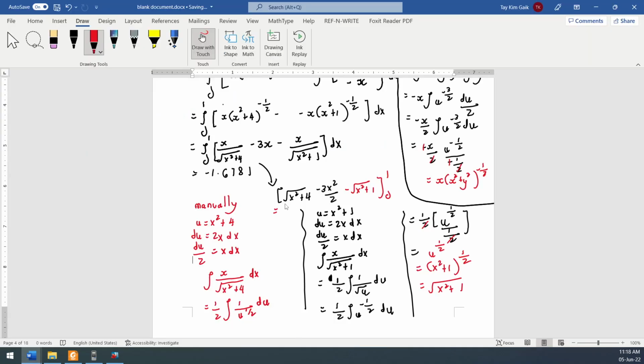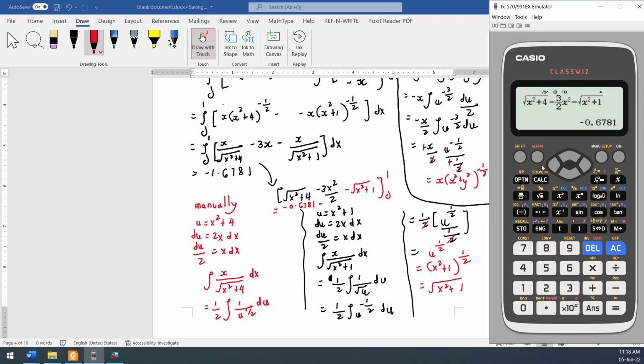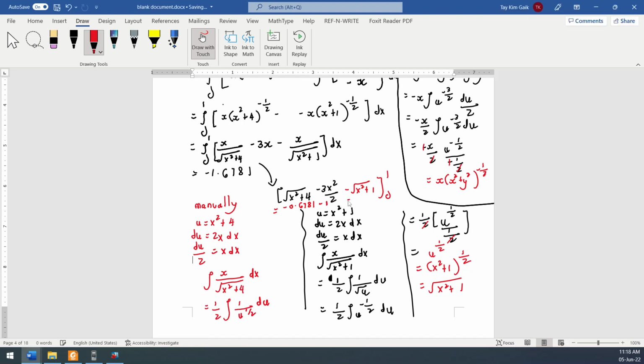And then you have to evaluate it when x equal to 0. So I calculate again. Now evaluate the lower limit, which is x equal to 0. So minus 1. So that's why the total is negative 1.6781.